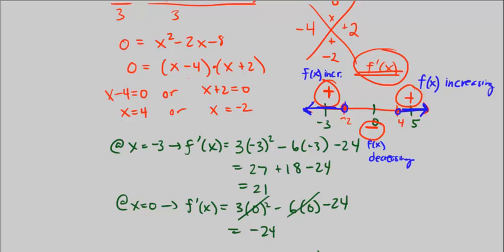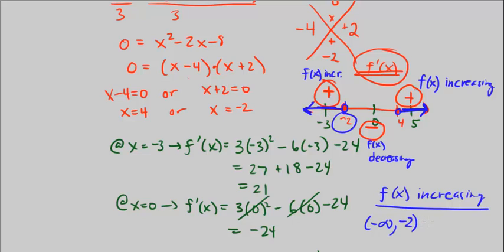So given this information, I can go ahead and answer the question and say f of x is increasing, and the regions are from negative infinity to negative 2, union, or, right, 4 to infinity. Okay? So this is how you do it algebraically.